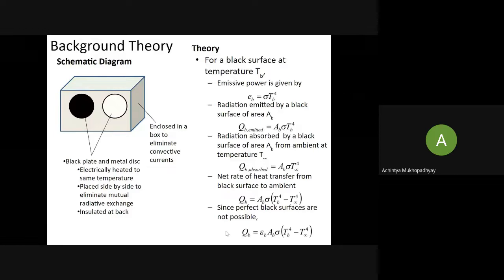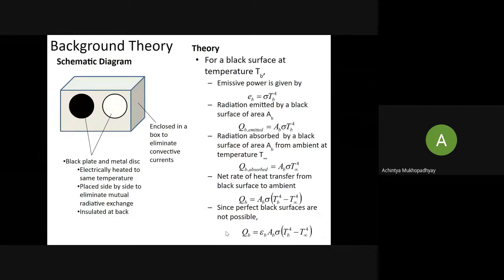If you want to find out this epsilon_B value as well, then you have to actually measure the amount of radiation emitted by the surface, and then compare it with what you get by integrating Planck's distribution or something.